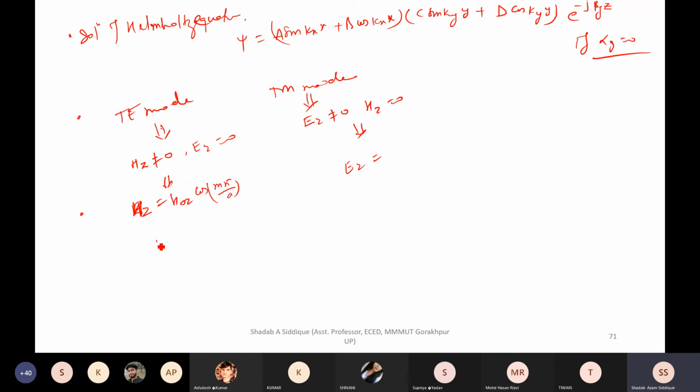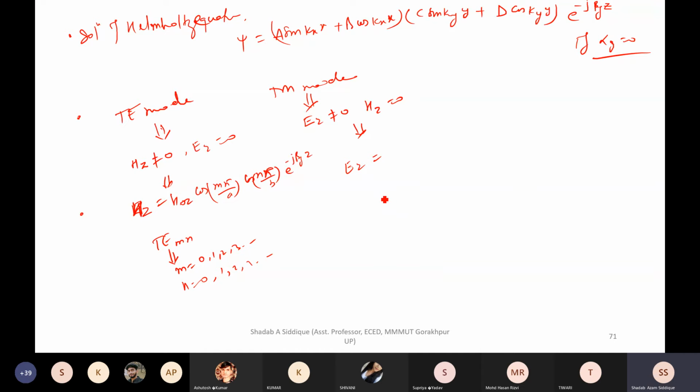For the TE we had the mn mode, and here m starts from 0, 1, 2, 3, 4, 5, 6, because TE10 is the dominant mode. You should remember this one. So m starts from 0, n starts from 1, 2, 3, and so on. So it should be cos n pi by b and e to the power minus j beta g into z.